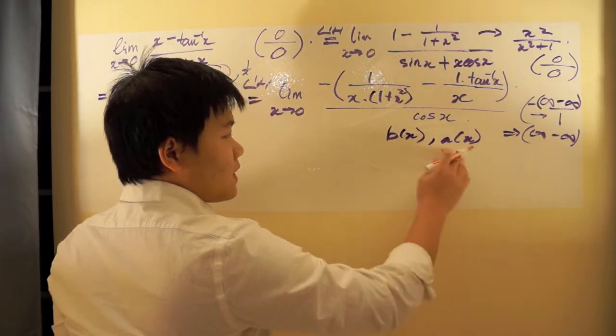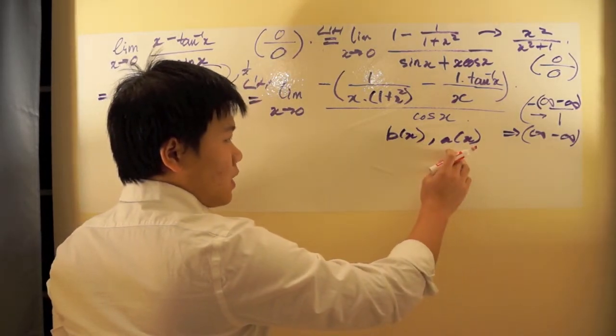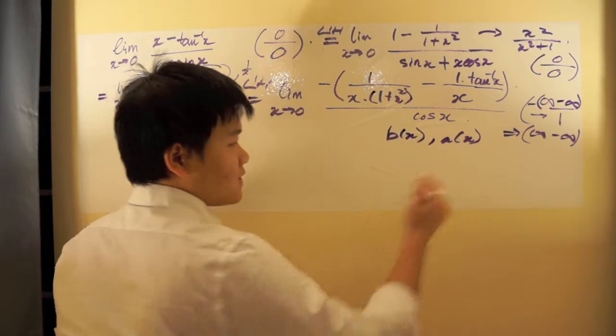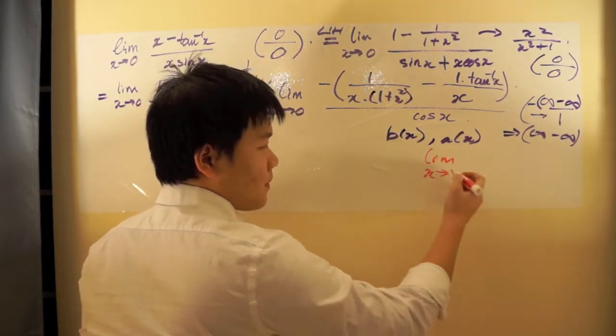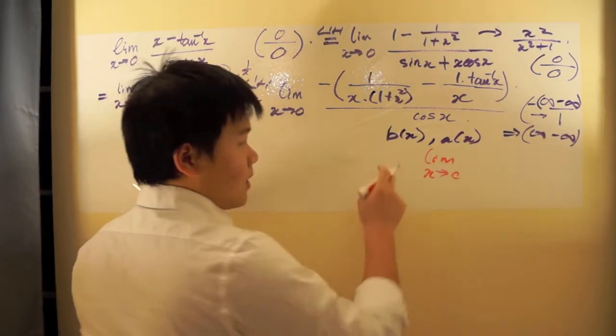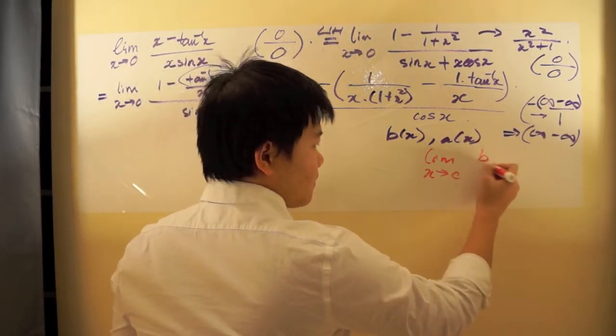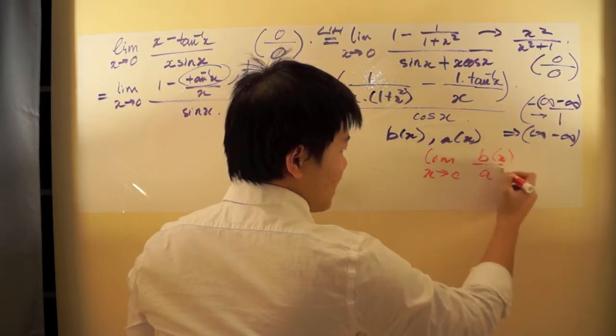So by looking at the ratio of these two entities, you can write something like this. You can write the limit as x approaches some constant c of b of x over a of x.